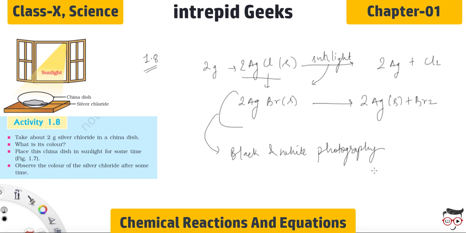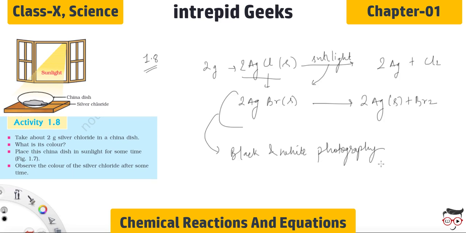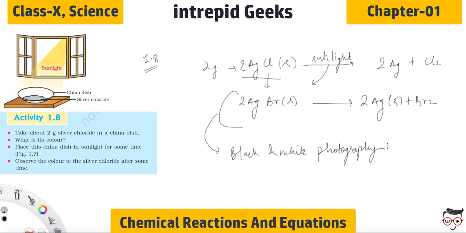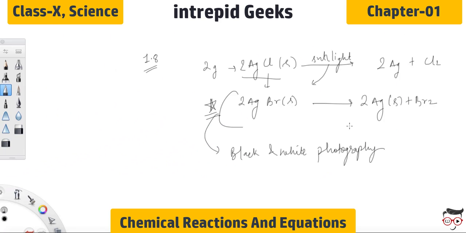So this is a very important reaction which comes in one or another form, and it has been asked in examinations a lot of times. So light, heat, electricity are some sources for decomposing the complex substances into simpler substances.